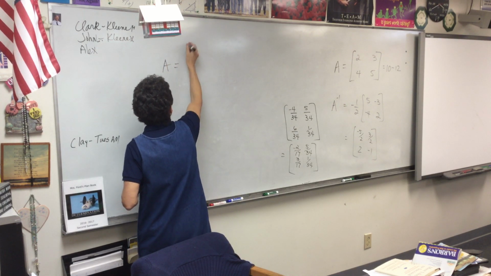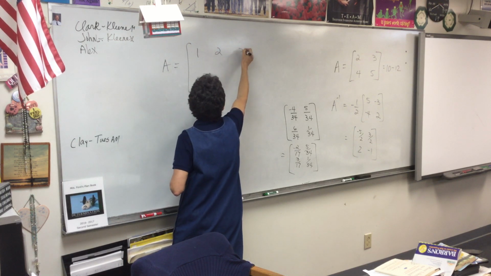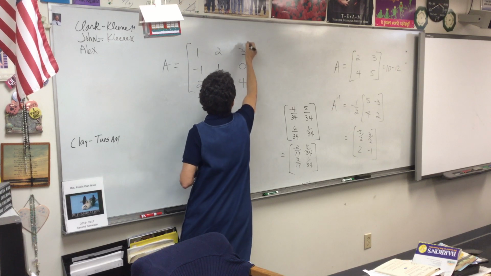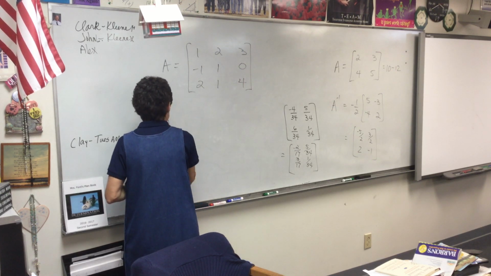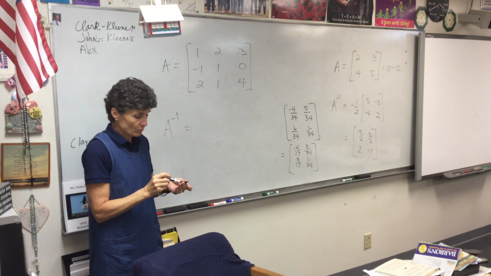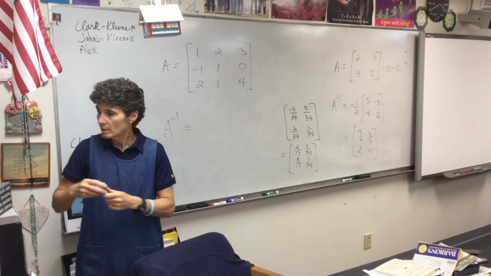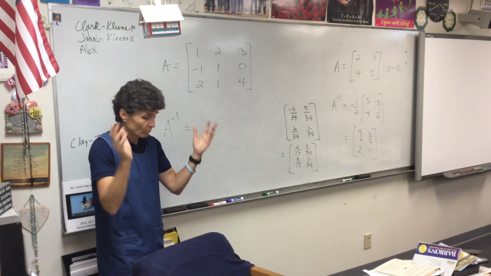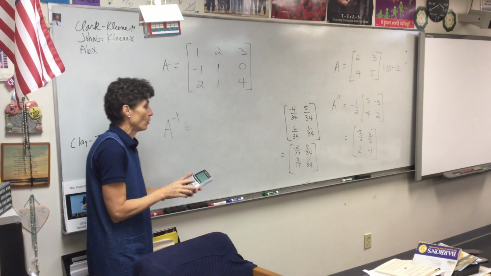So let's find the inverse. Now, when you're finding the inverse on your calculator, you don't need to worry about the 1 over the determinant and all that. The calculator's going to do the whole thing.